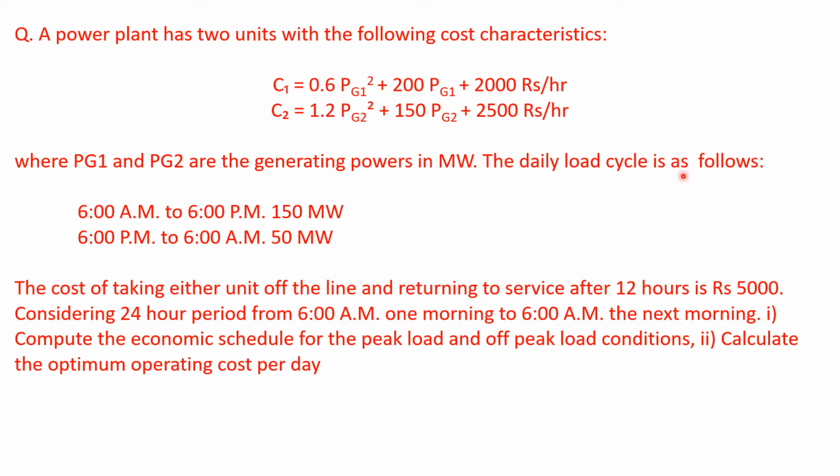The daily load cycle is as follows: the demand for 6 am to 6 pm is 150 megawatt and 6 pm to 6 am is 50 megawatt. The cost of taking either unit off the line and returning to service after 12 hours is rupees 5,000.